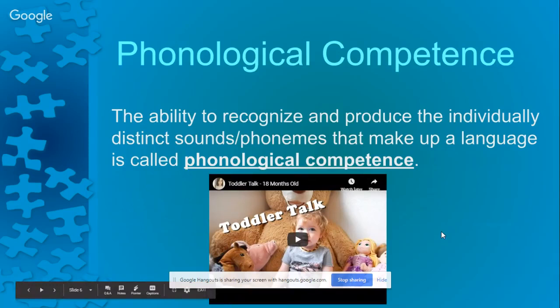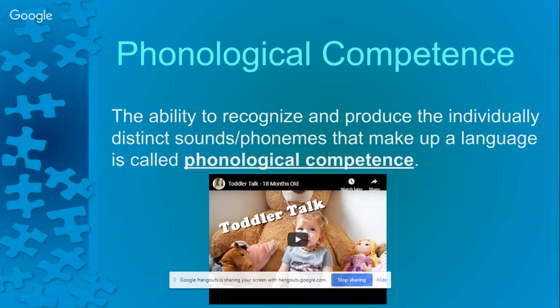When we look at a child's ability to understand the phonology, the speech sound system of their language, we call it phonological competence. That child comes to birth having heard in utero the phonemes of their language.